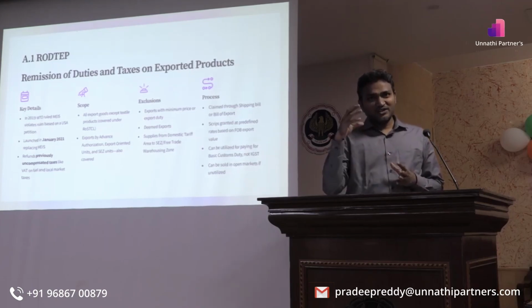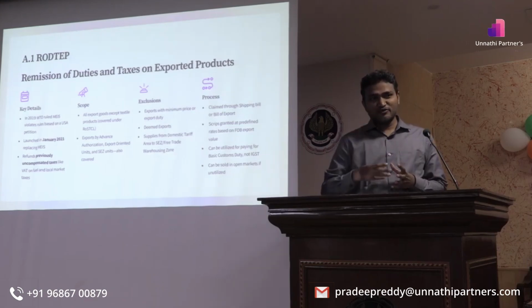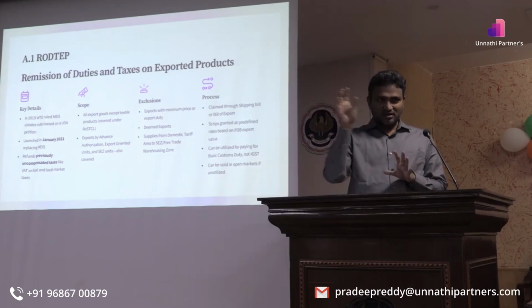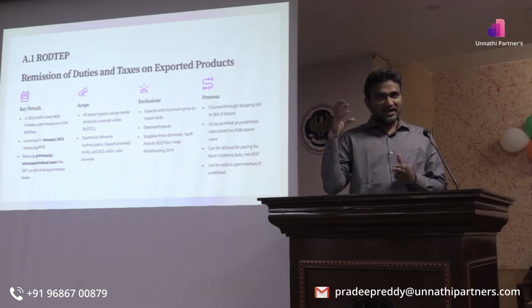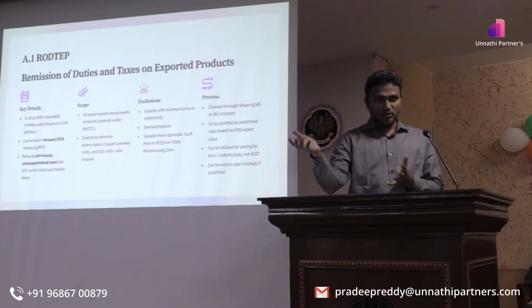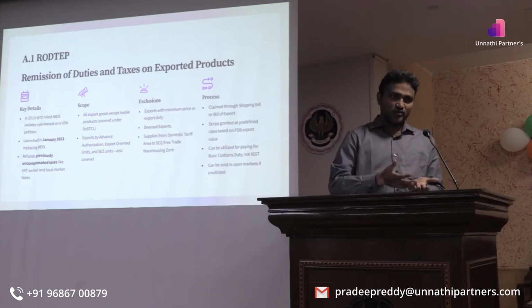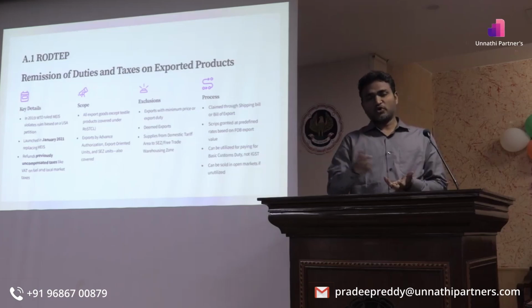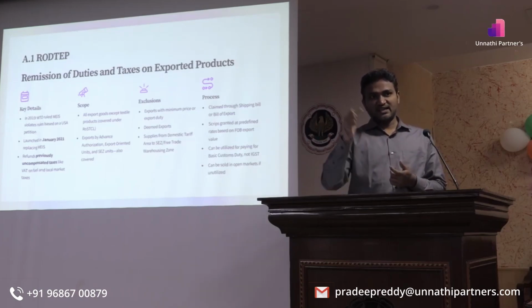So those 20 lakhs we can utilize for payment of basic customs duty, which is basically a cost, for which we will not get any credit. So you can pay that using these scrips. If for some reason we are not able to utilize the scrips because we don't have imports, or we are procuring the same product from a local supplier, then we can sell the scrips.